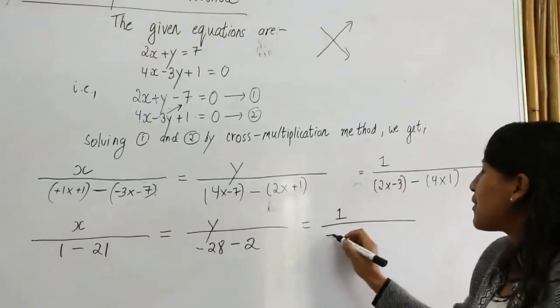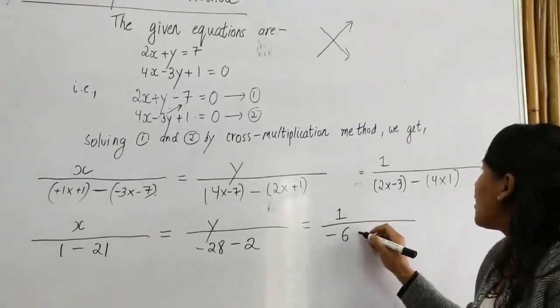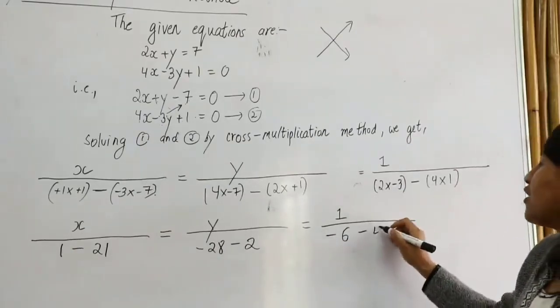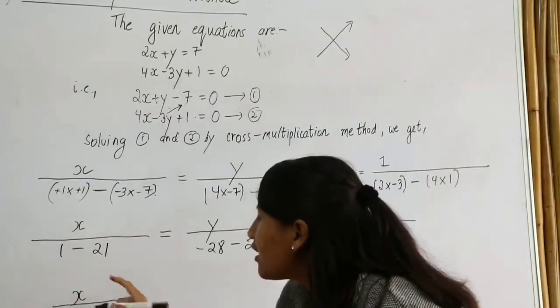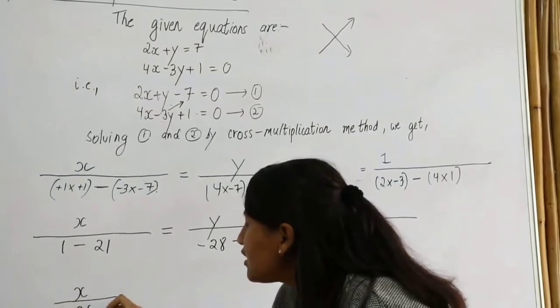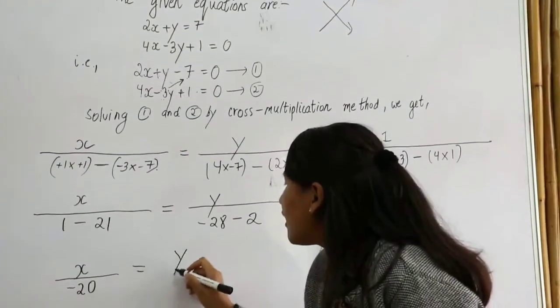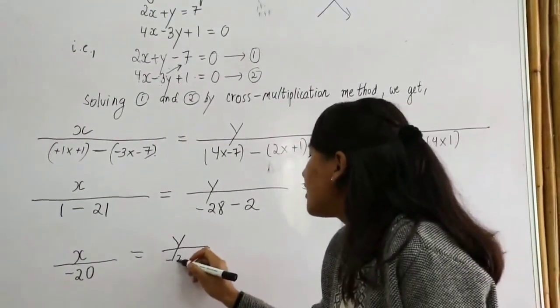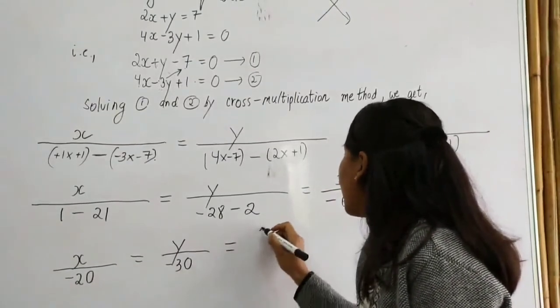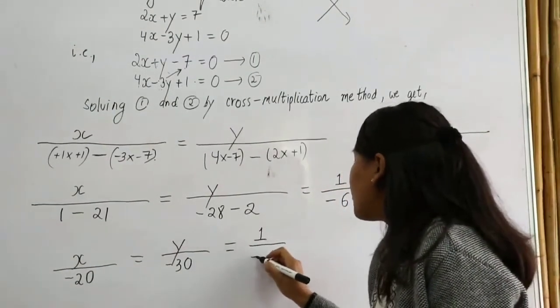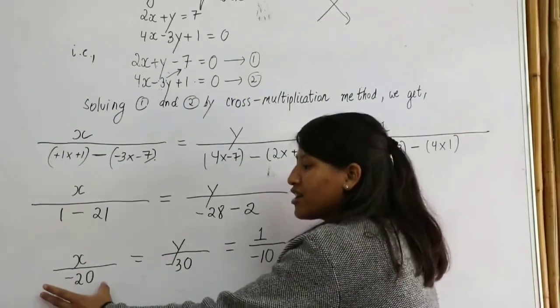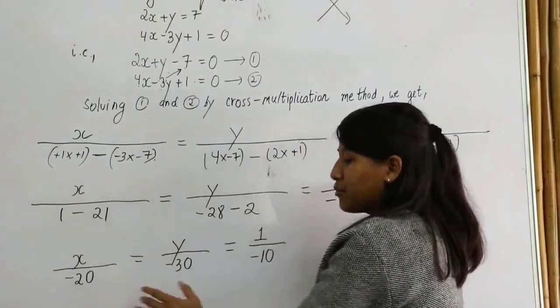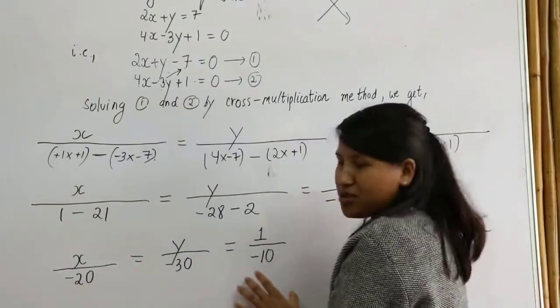Plus into minus is minus. 2 3s are 6. Minus 4 ones are 4. Okay, so you get here minus 20. And then you get here minus 30, and then you get here minus 10. Okay, after this, they are in proportion. So you can take this with this also, it's fine.